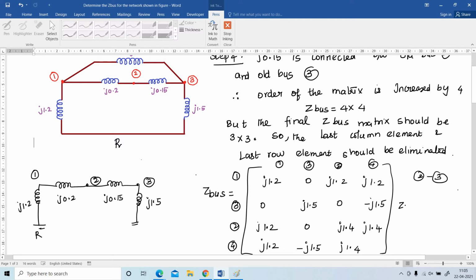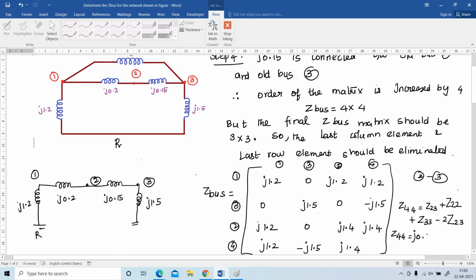Next find out Z44. Small z23 means the element connected between 2 and 3, plus capital Z22, plus capital Z33, minus 2 times Z23 from the matrix. So Z44 equals, what is z23?